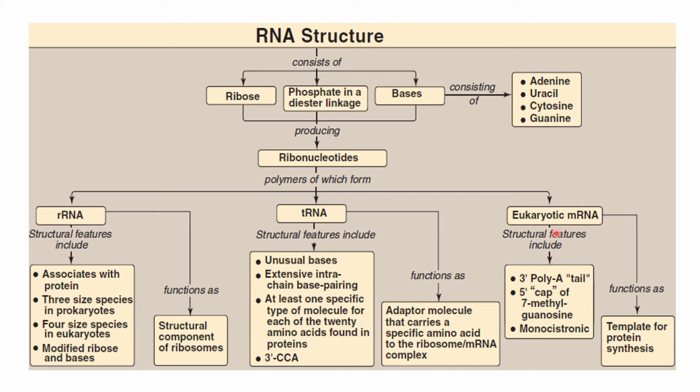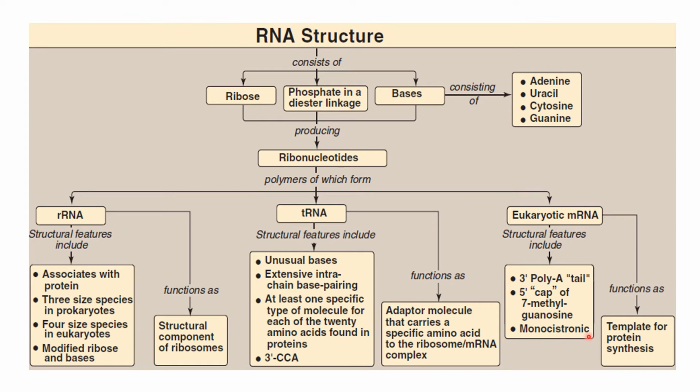But in case of eukaryotic messenger RNA, the primary transcript is elongated, and further modification takes place to add the 3' poly A tail and the 5' cap of 7-methyl guanosine. And along with it, it is monocistronic.